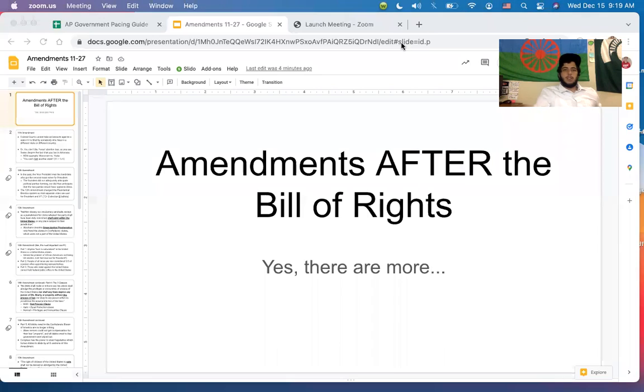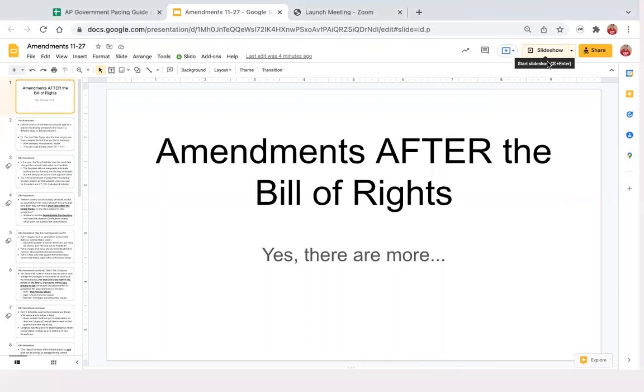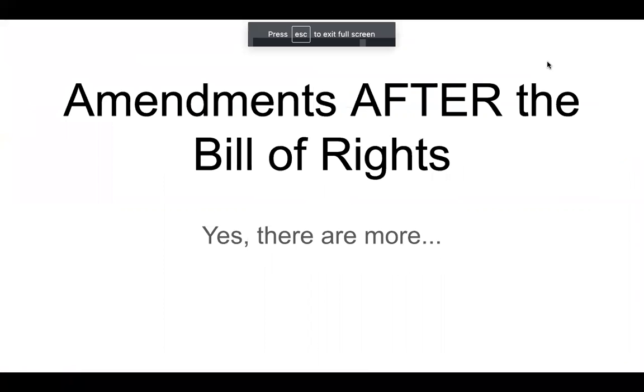So let me share my screen and let's go ahead and do this. So I'm going to minimize myself too so you can see the whole screen. So we're going to talk about the amendments after the Bill of Rights. There are 27 total amendments, and we have taken care of the first 10. I think that you guys have a pretty good grasp on those, hopefully.